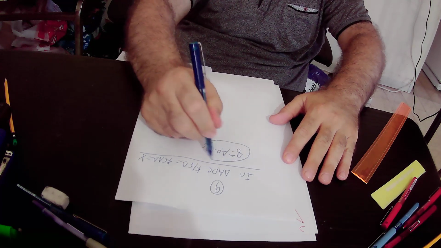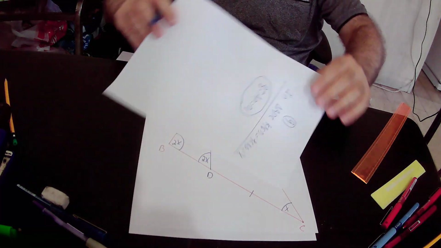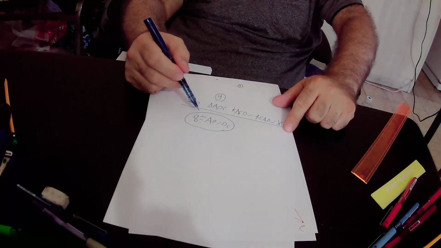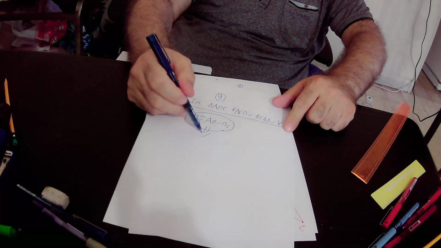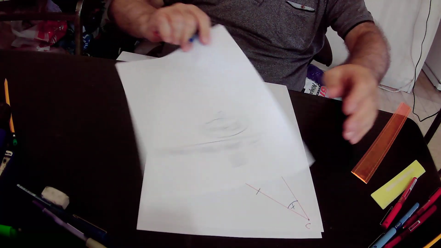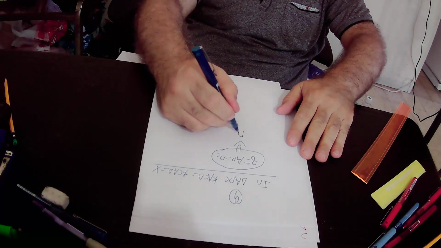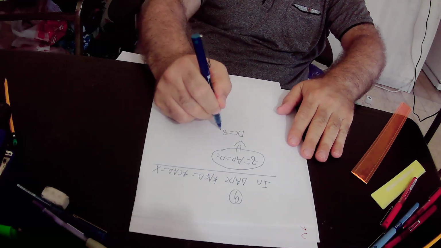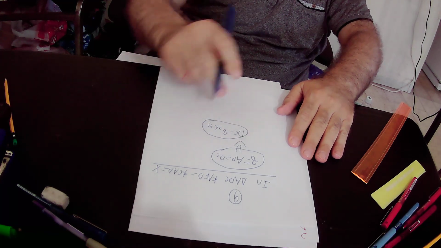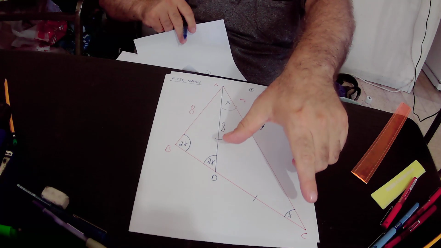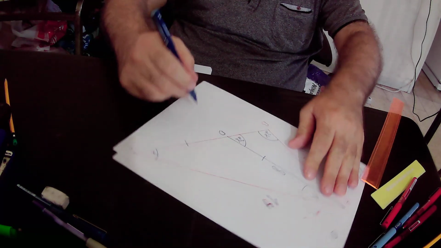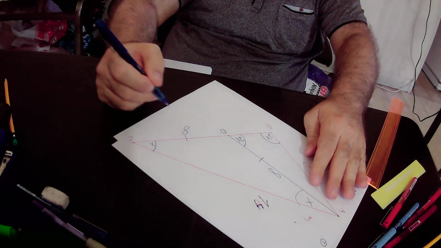So from this equality we can deduce that DC also equals 8 units.